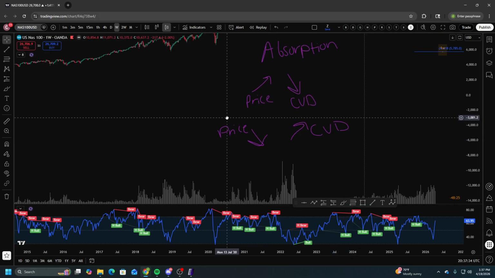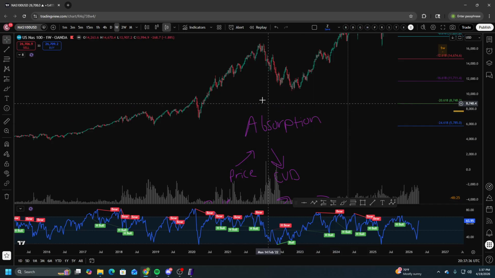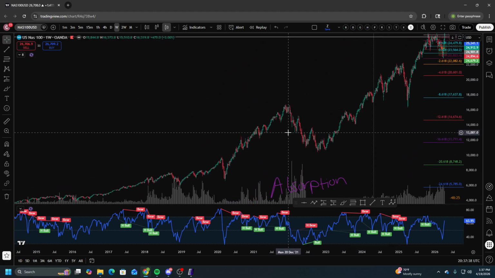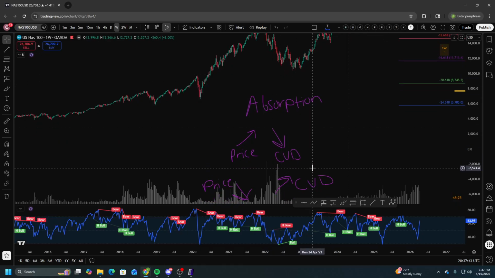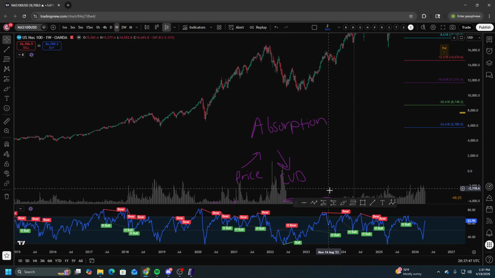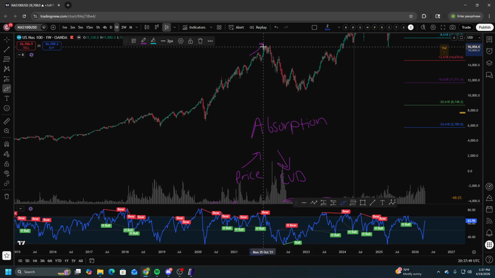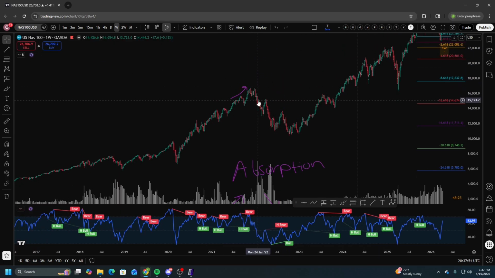Because people are trying, think of it at a high. So you're at this high right here. The cumulative volume delta, which is the total amount of volume, it's going up.